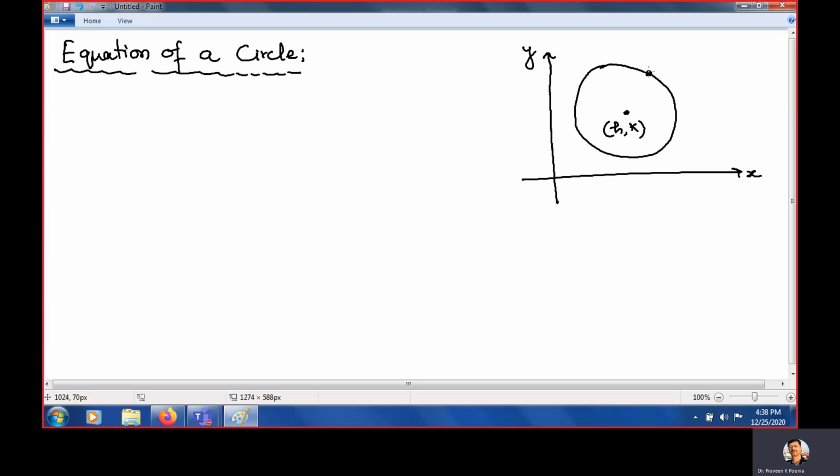And if any point on the circumference of the circle is x comma y, such that the distance between h comma k and x comma y, this distance, is r, this r is the radius. Clear?